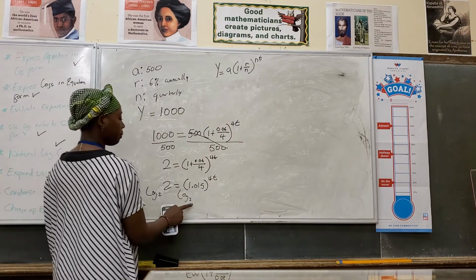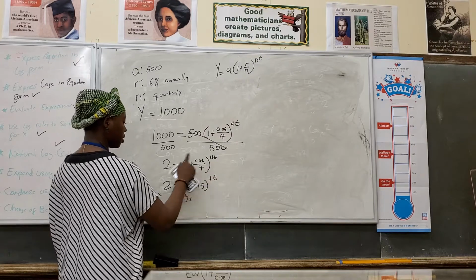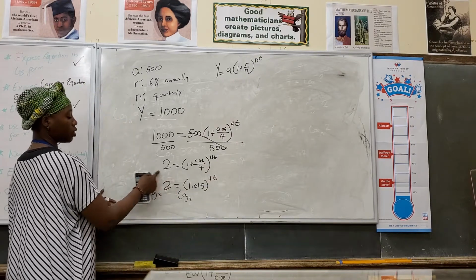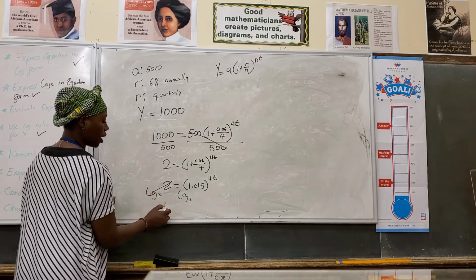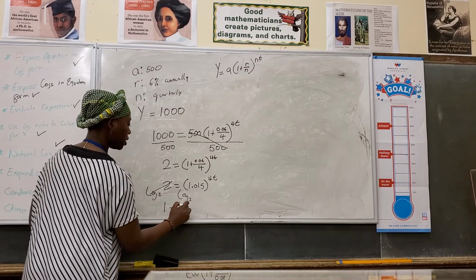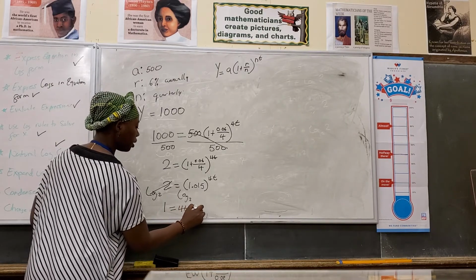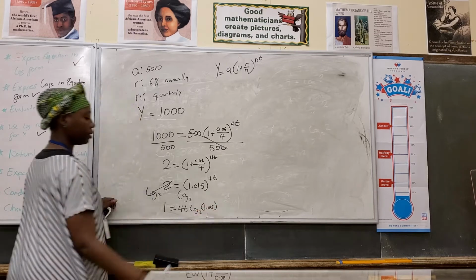Because this is log base 2 and this now becomes the exponent of the number, this goes to the back. The exponent is 1, so that cancels out, just giving you 1. So 1 is equal to 4t log base 2 of 1.015.